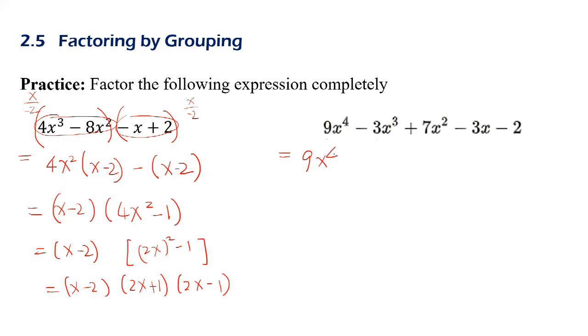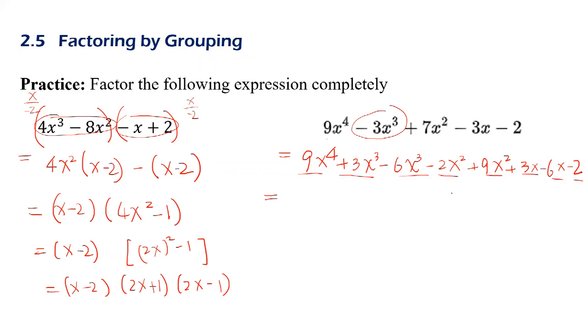One of the workable ways is to split the minus 3x cubed into positive x cubed, and then minus 6x cubed, then minus 2x squared plus 9x squared plus 3x minus 6x minus 2. The reason why we do this is to keep the ratio between each of the two terms here equal, right?